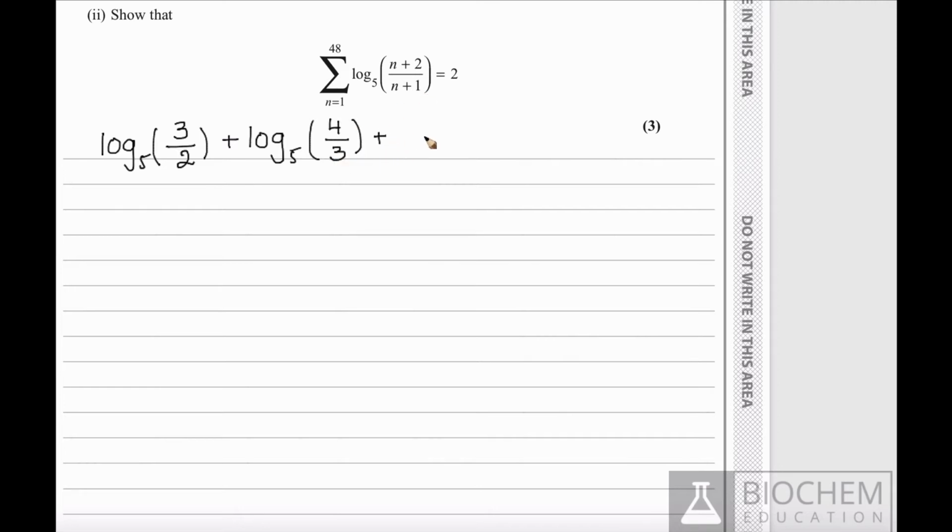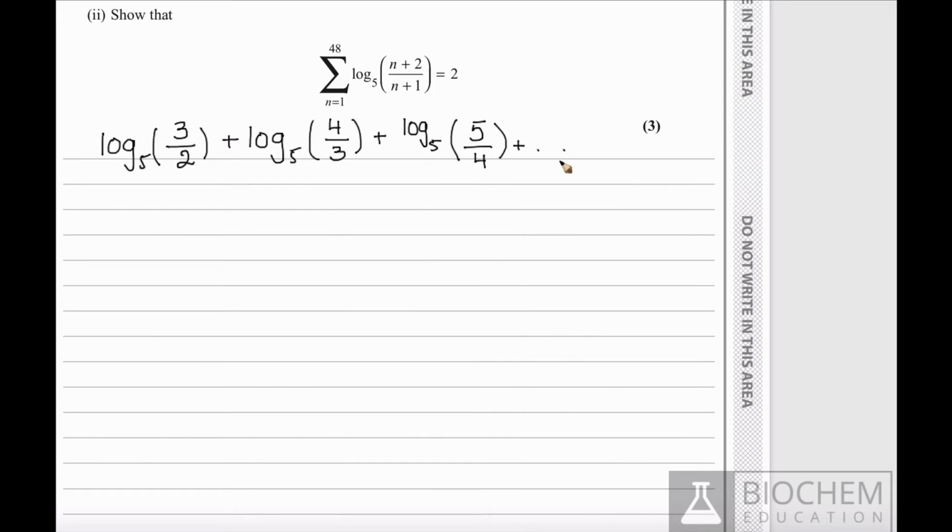Now we can substitute n is equal to 3, which is log to the base 5, bracket, 3 plus 2 is 5, and 3 plus 1 is 4. And we can continue this up until n is equal to 48.